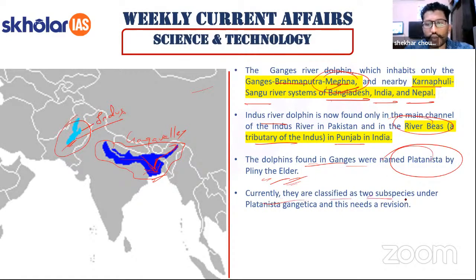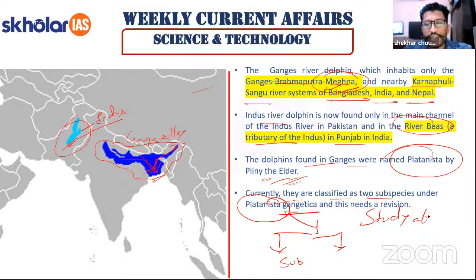Currently, they are classified as two subspecies under Platanista gangetica, but this needs a revision because there has been a study about their DNA and skulls, the head and snouts. Their evolution started around 550,000 years ago.